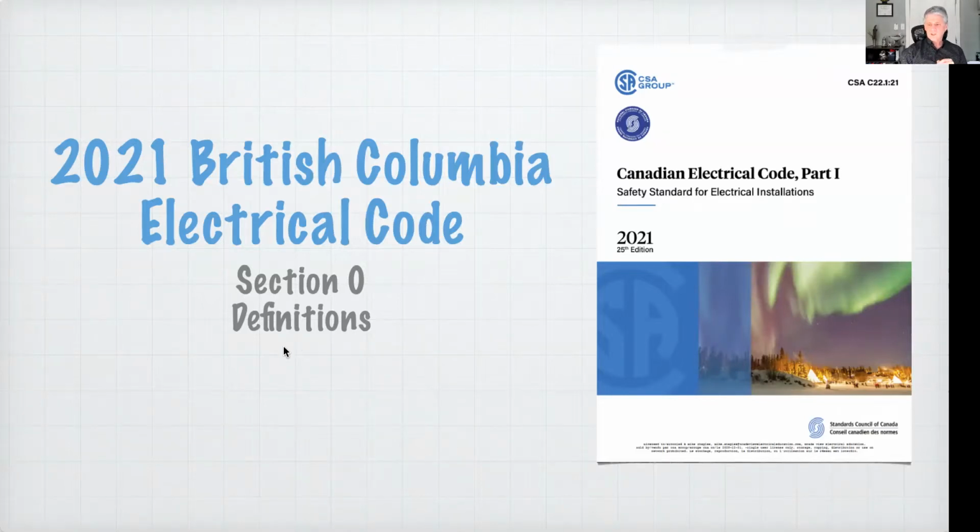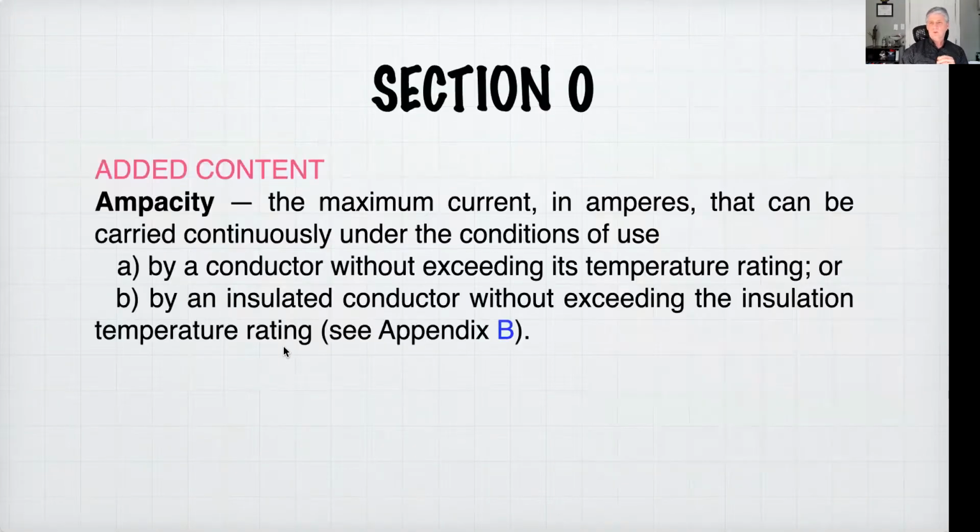Now, section 0, let's look at the first one. Added content. So ampacity was in there, but A and B were added to ampacity in 2021. Ampacity: the maximum current in amperes that can be carried continuously under the conditions of use, A, by a conductor without exceeding its temperature rating, or by an insulated conductor without exceeding insulation temperature rating.